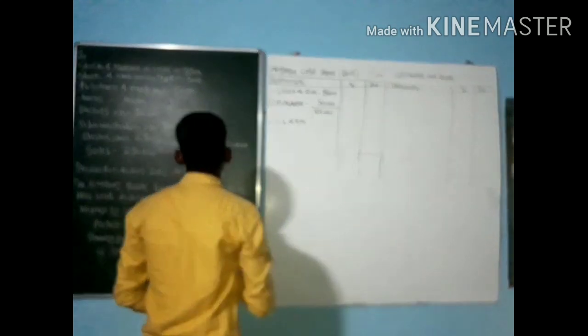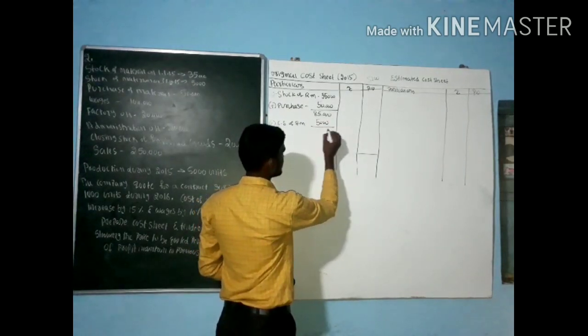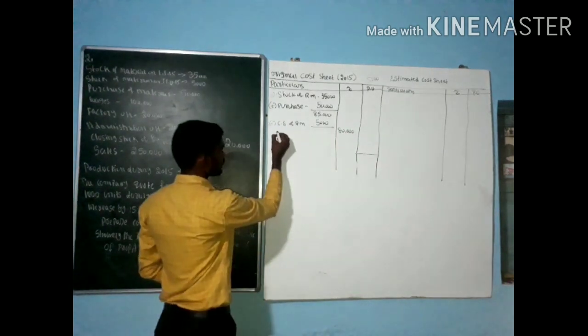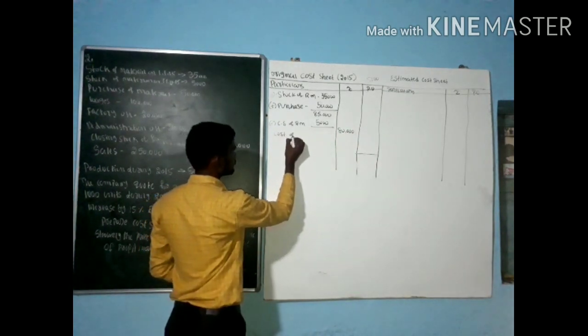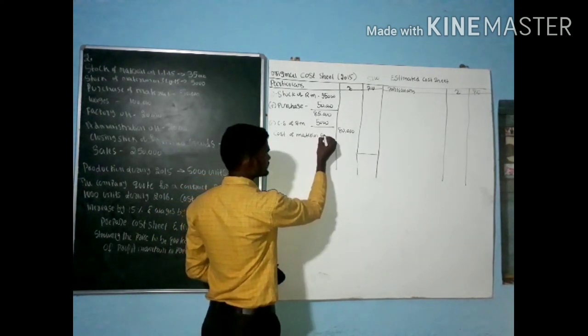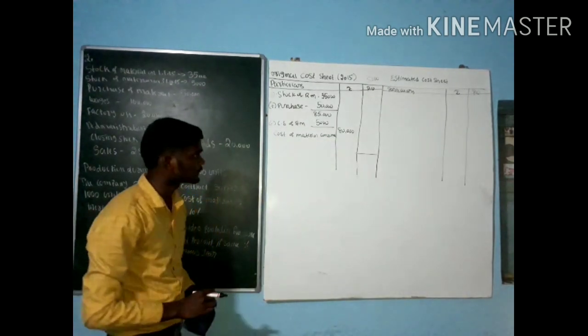How much is closing stock of raw material? 5,000. So 85 minus 5, that is 80,000, is called cost of material consumed. So these many materials we used during the year. How much? That is 80,000.